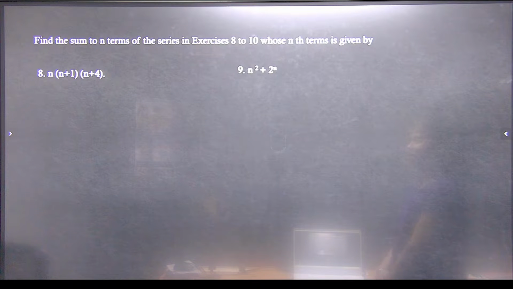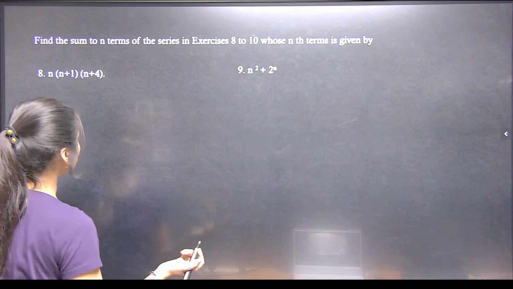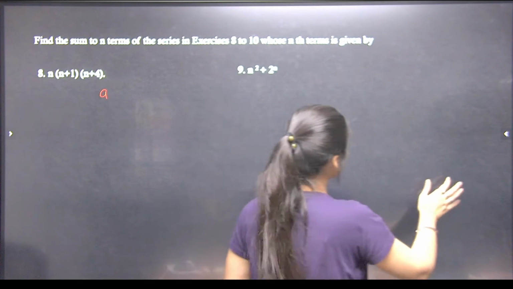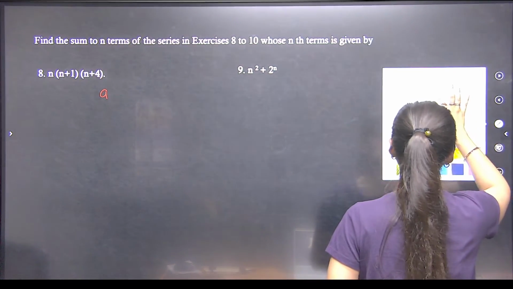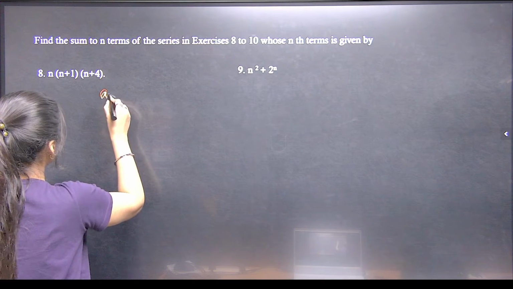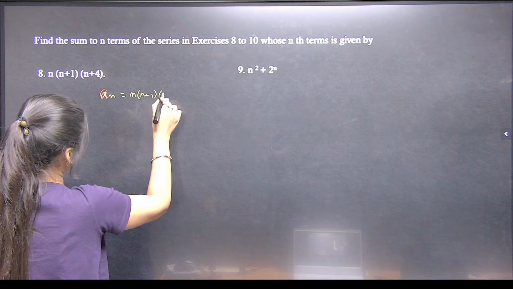So in the next question it says find the sum to n terms of the series in exercise 8 to 10 whose nth term is given by. So in this question nth term is given, so you don't need to find the nth term by seeing any series. It's directly a_n, which is a_n equal to (n plus 1)(n plus 4).